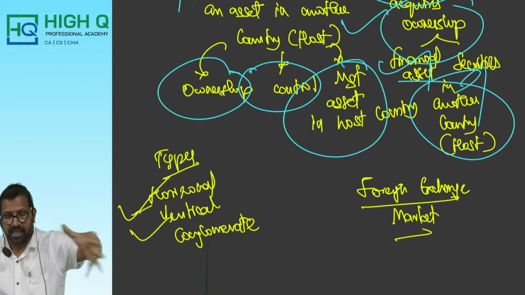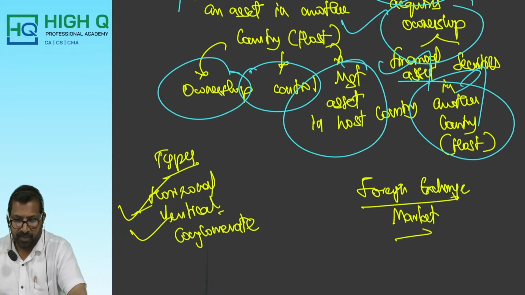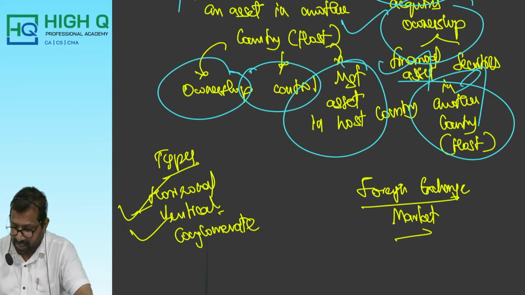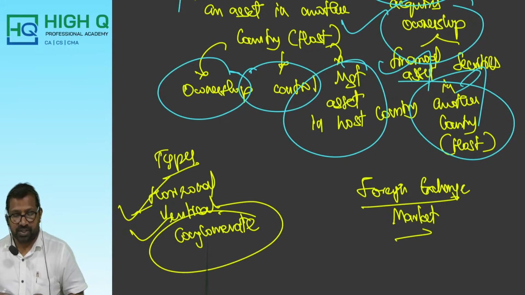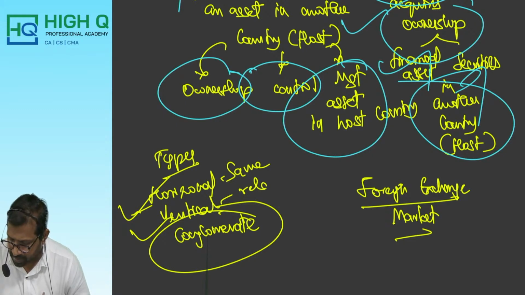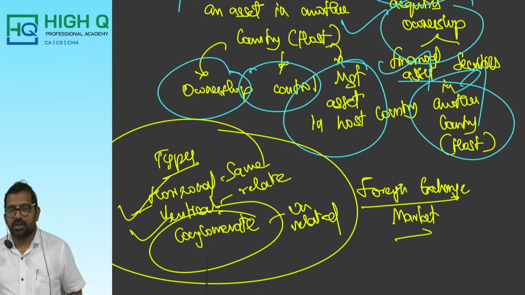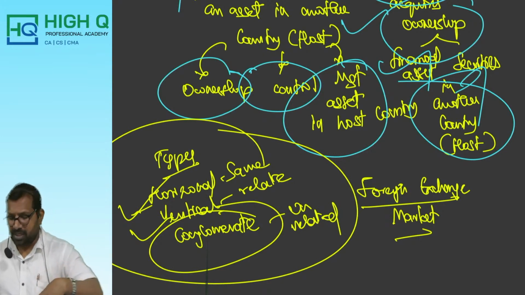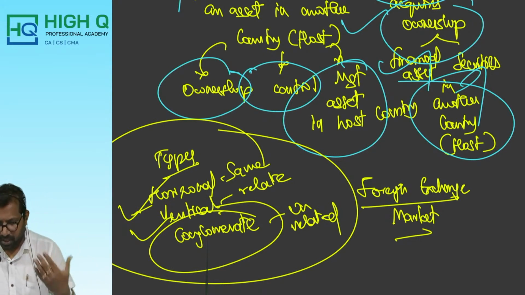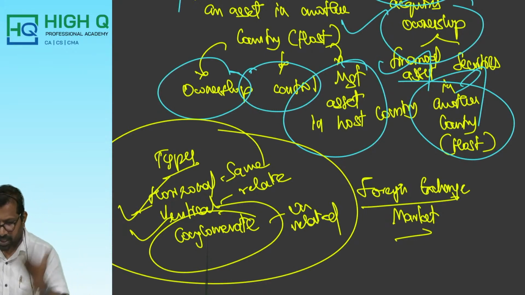So related industry abroad is called vertical. FDI in a business that is unrelated to the investor's existing business is conglomerate. First one is same, here related, here unrelated. So here you have to know the difference between the types of foreign direct investment: horizontal, vertical, and conglomerate.